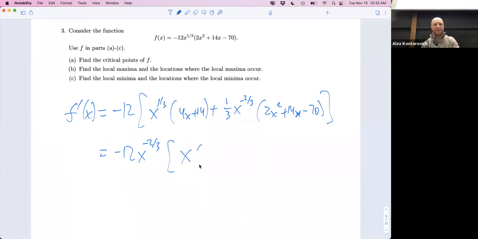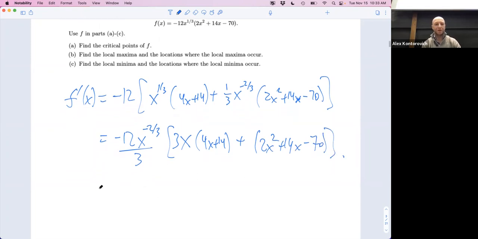So this is x times 4x plus 14, plus the 1/3. Nothing I can do about that 1/3. I guess I could pull the 1/3 out and make this a 3. Let's do that, so that I don't have fractions in here. Fractions are too hard for me. 2x squared plus 14x minus 70.